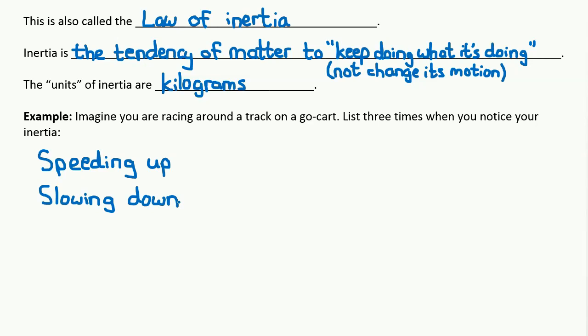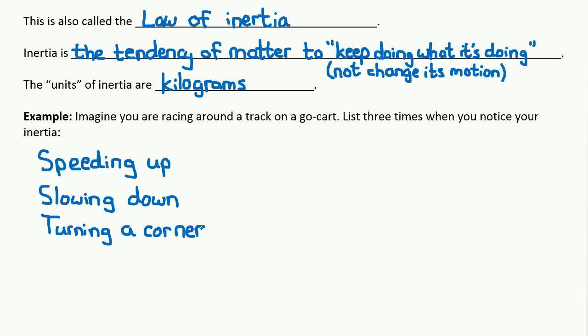Now, the third one's a little less obvious. And some of you may have had a question about this on your driver's test, if you've taken that. Turning a corner. If you're coming up to a corner in your go-kart and you just sit there, hands off the wheel, and you let the cart do its thing, the cart, because it has inertia, is going to want to keep doing what it's doing.